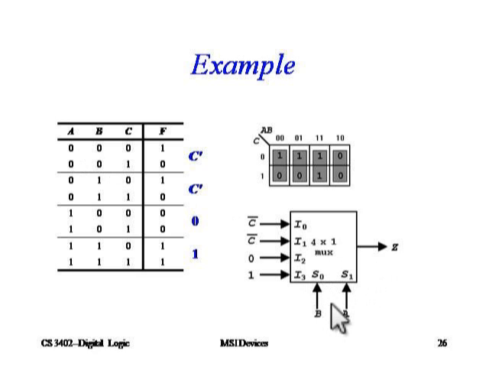Let these 2 selection lines be A and B, and whenever A and B both are 0, the output I am getting is complement of C. Whenever it is 0 1, the output I am getting again is complement of C. Whenever it is 1 0, no matter whatever is C, the output is 0. Whenever it is 1 1, no matter whatever is C, the output is 1.